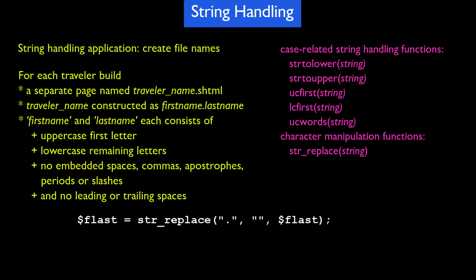For example, we remove any periods by finding and replacing them with quote, quote, that is, nothing. So $F_last equals str_replace of quote, dot, quote, comma, quote, quote, comma, $F_last. So whenever there's a period, it's replaced with this null string. This will remove all embedded periods.